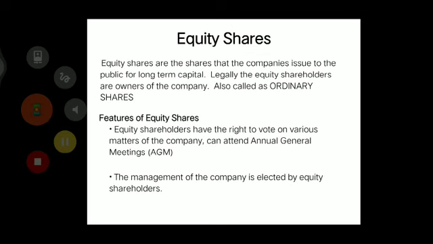Because we have a large number of people, we don't call them partners, but shareholders. This 50 crores will be divided into small parts, and each part is called a share. Supposing the company divides the 50 crores into 5 crore shares, each valued at 10 rupees.